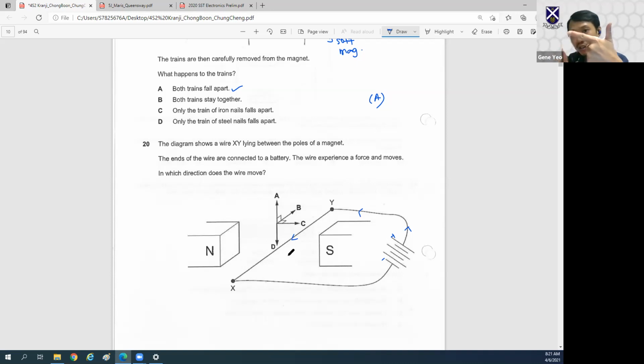Your index finger always points into the S. Okay, so I'm going to do that here. And my middle finger is going to go into the direction of the current. So current is going from Y to X, so like this. And my thumb is pointing up. Okay, so since my thumb is pointing up, it's going to be A. Okay, upwards. So the answer is A for question 20.